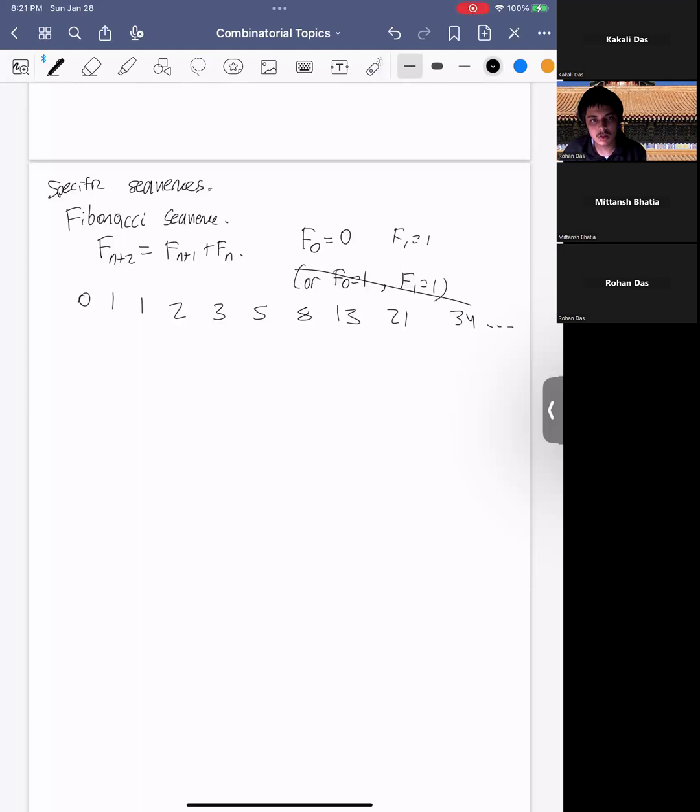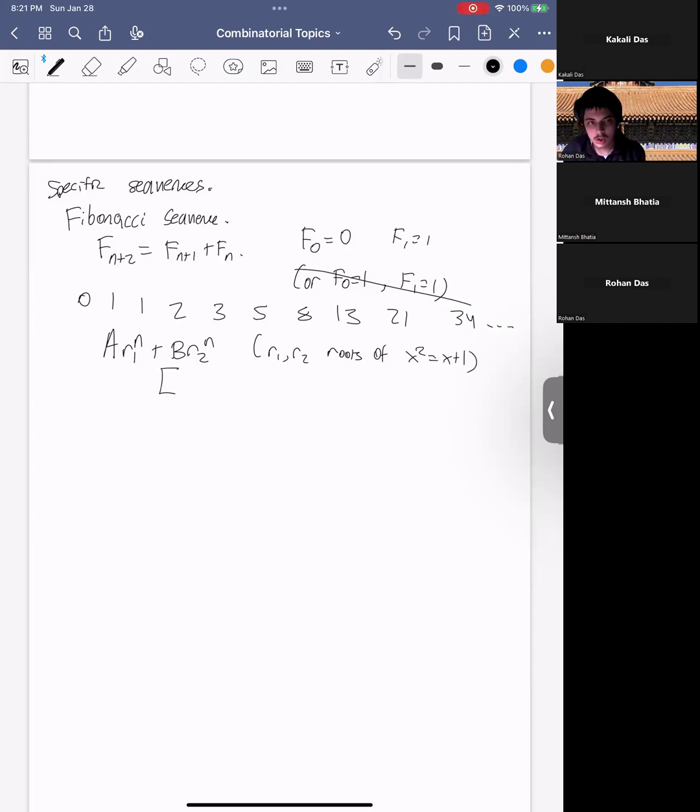You can also compute a closed form formula of it by trying to express it as A r1 to the n plus b r2 to the n, where r1 and r2 are roots of x squared equals x plus 1.